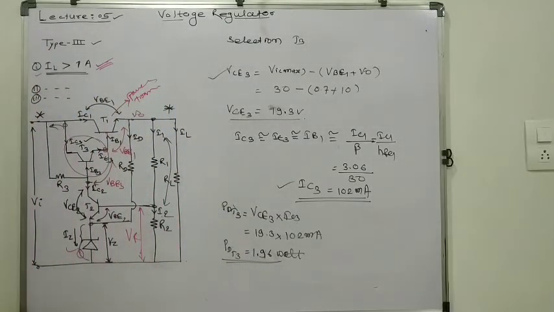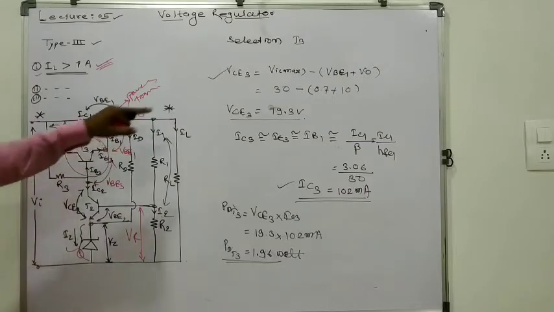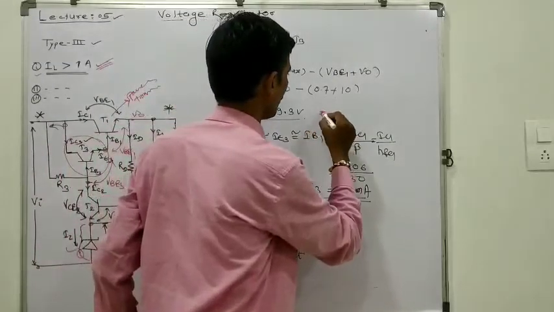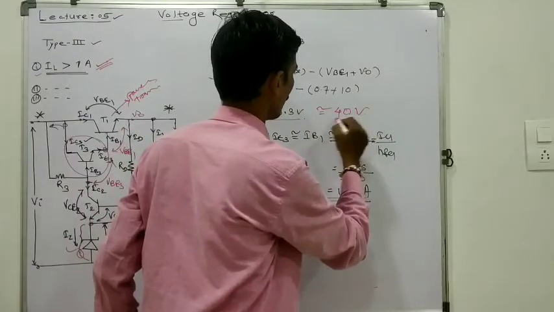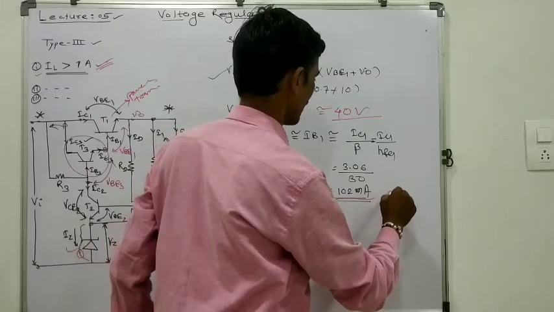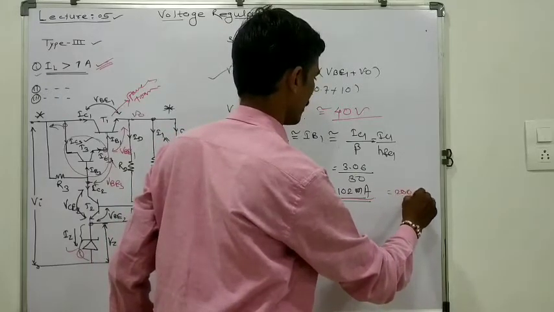So select a transistor T3 with VCE equal to 19.3. We can select a transistor T3 with approximately 40 volt. Then the current is double this, so we can select 200 milliampere.